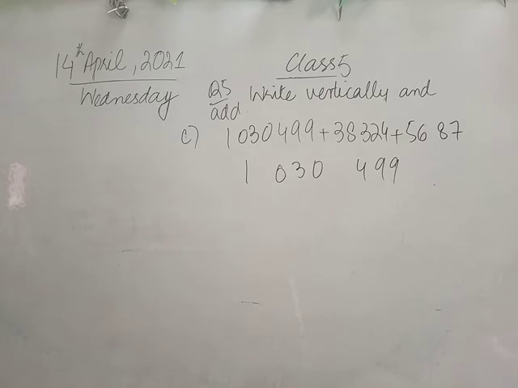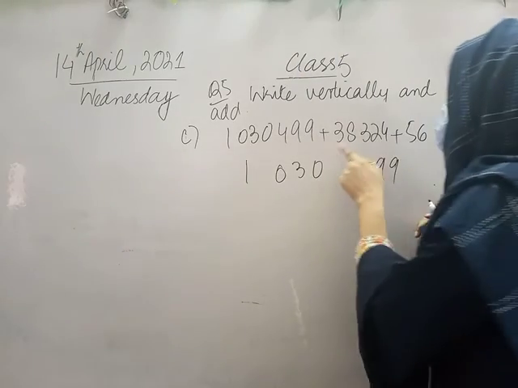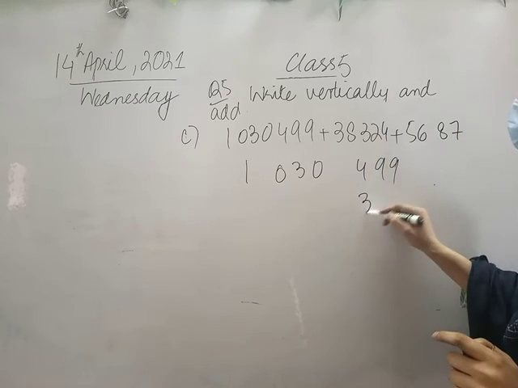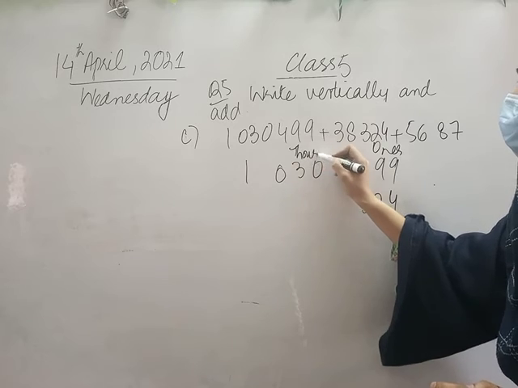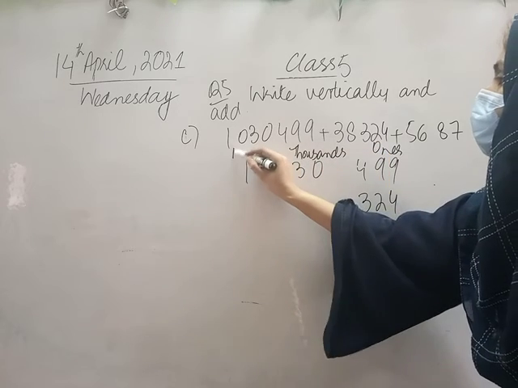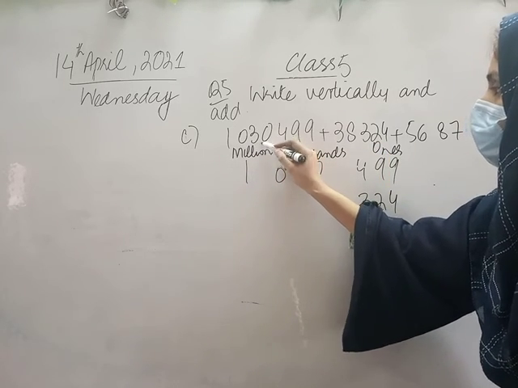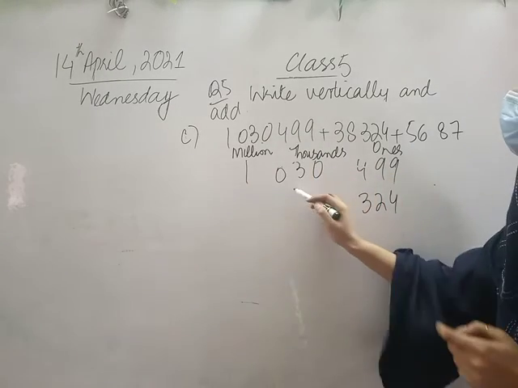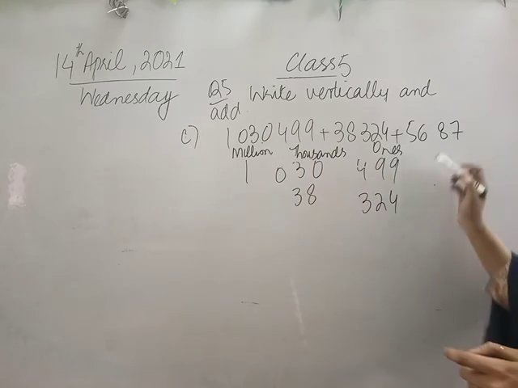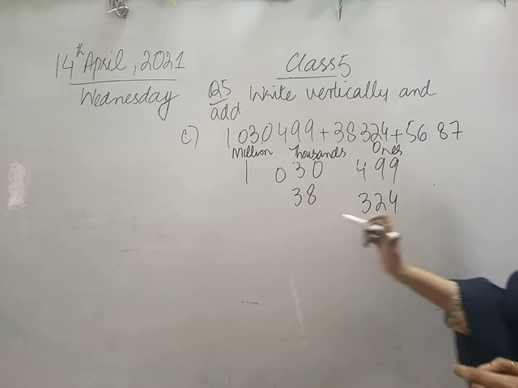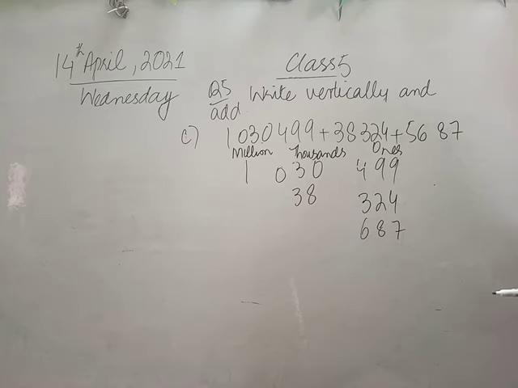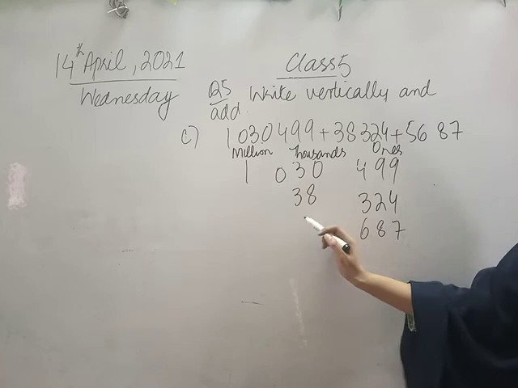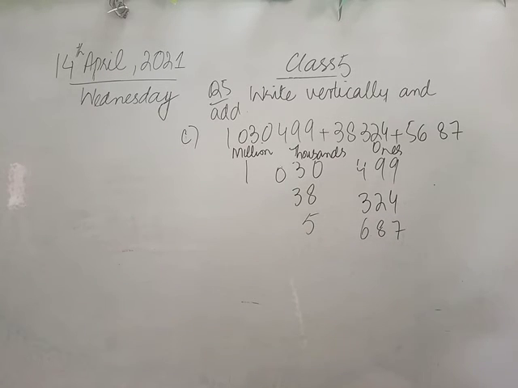Okay, 499. The next value is 38,324. So 324 is at ones place. This is at thousand place. And this is at millions place. Okay. So 38 is at thousand place. Now the next number, which is 5,687. 687 is at ones place and thousand place we have 5.